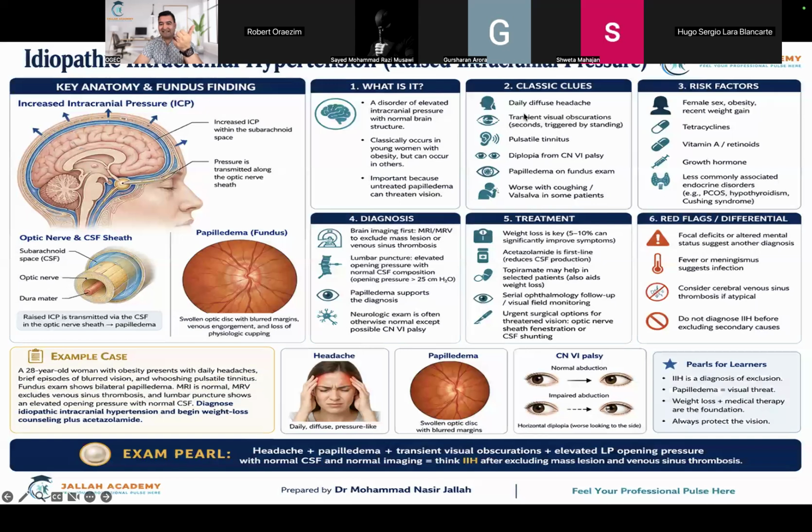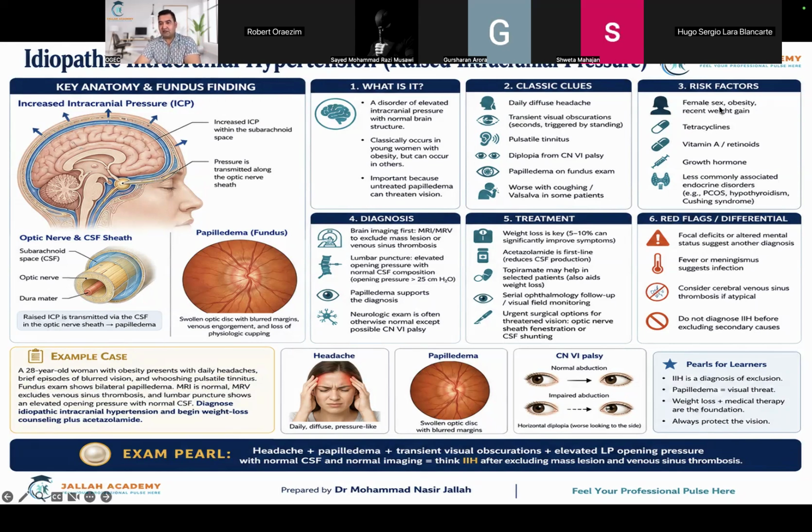The clues: daily diffuse headache, transient visual obscuration, pulsatile tinnitus, diplopia from cranial nerve 6, papilledema on fundus exam or fundoscopy. Worse with coughing, Valsalva maneuver in some patients, and also, again, I have seen cases where the patient is tying her shoelace.